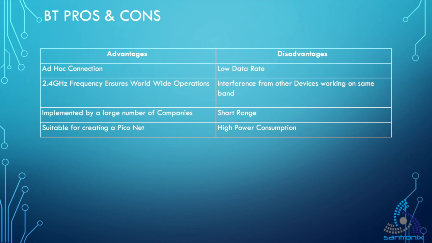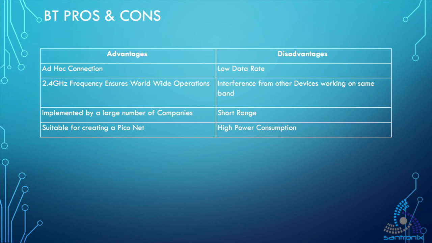On 2.4 gigahertz, we find many other protocols also like Wi-Fi, ZigBee, Z-Wave. So it's a universal frequency that can be used in every country. Then Bluetooth is implemented by a large number of companies, and also a lot of individuals are using Bluetooth. It is also suitable for creating a piconet, a sensor network of small devices.